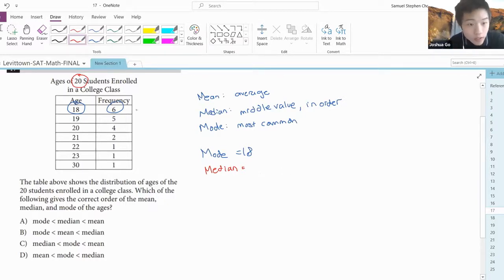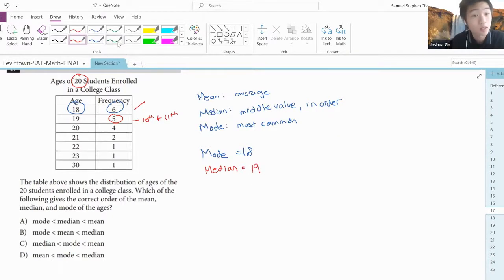So we can quickly just sequentially count the students, and we can remove the 6 from the age 18, and then we can see that the 10th and 11th value both fall in the 19 age range. So therefore, the median of this is 19.